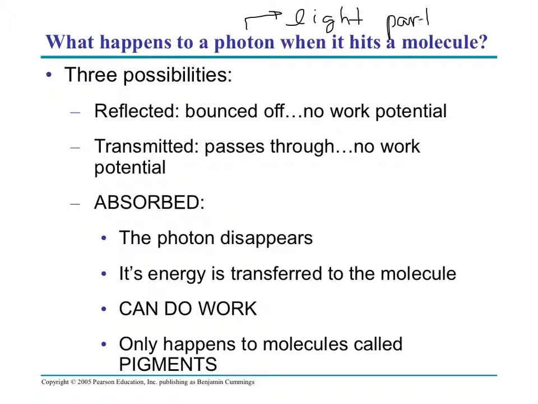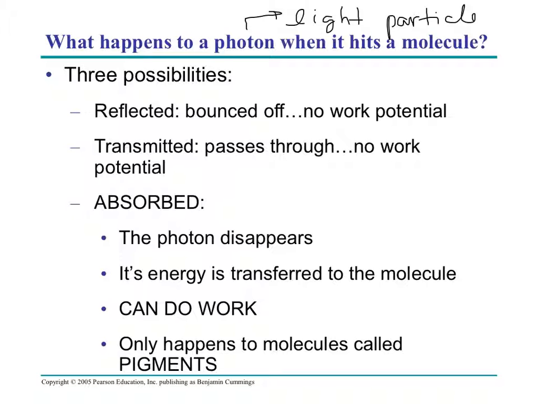So just remember, when we speak about a photon, we're talking about a particle of light. Now, photons can do three things. They can be reflected, they can be transmitted, or they can be absorbed.